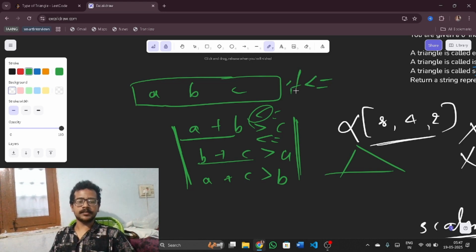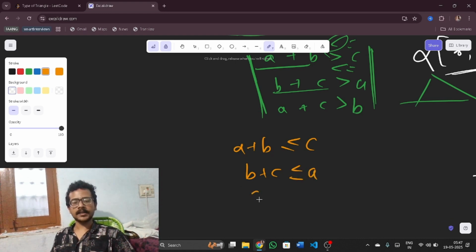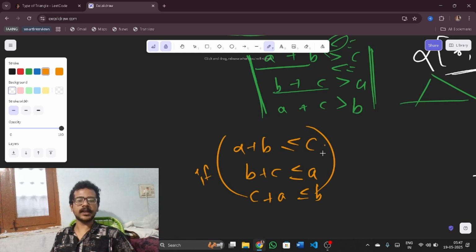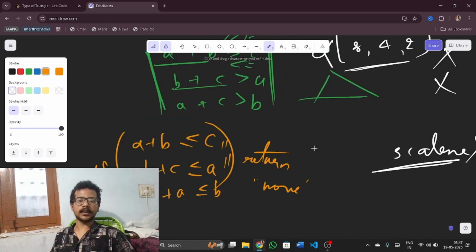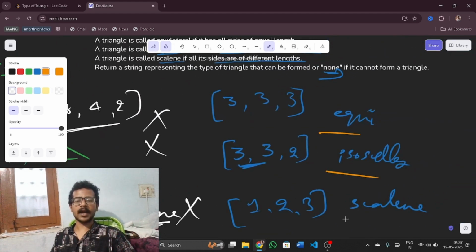If A plus B is less than or equal to C, or B plus C is less than or equal to A, or C plus A is less than or equal to B, so if any of these three conditions is true, then we will return none. After this condition only, we will write the conditions for equilateral, isosceles, and scalene.